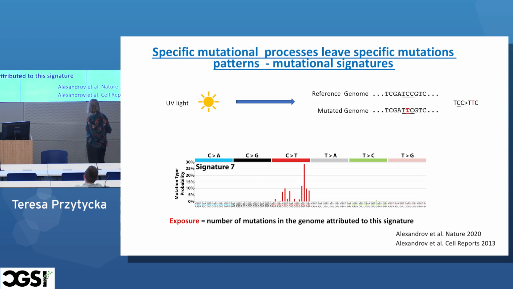So how do we define the category? Again, following the definition of Alexandrov et al., since we know that the mutation might be context dependent, our category will be a triple of nucleotides, such that the central nucleotide is the one that's mutated, and the flanking nucleotides provide the context.